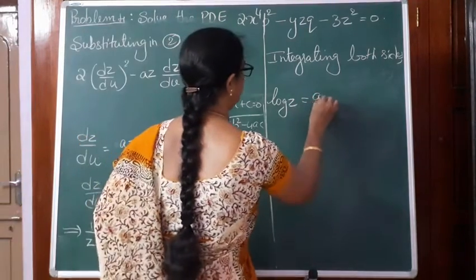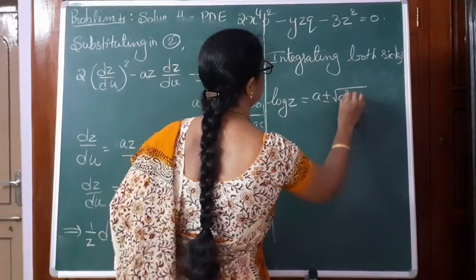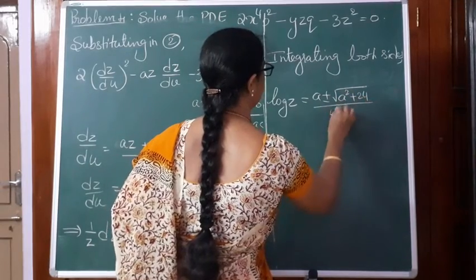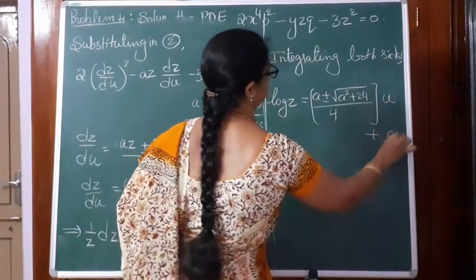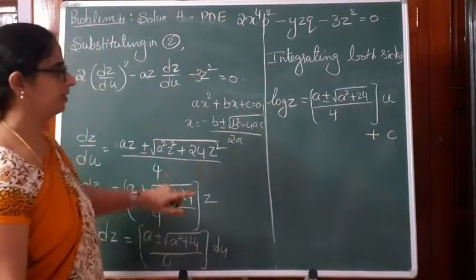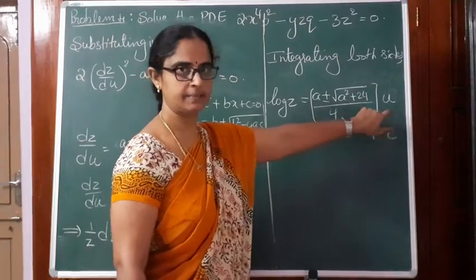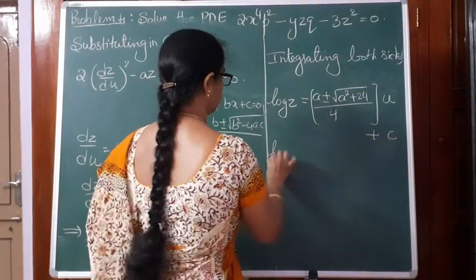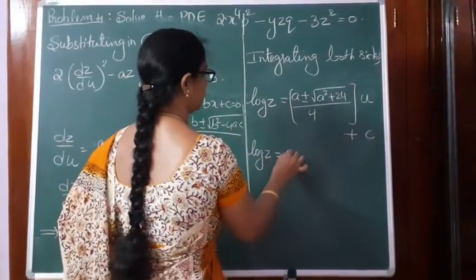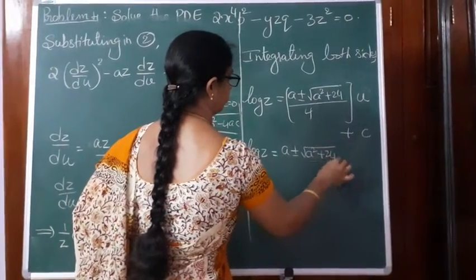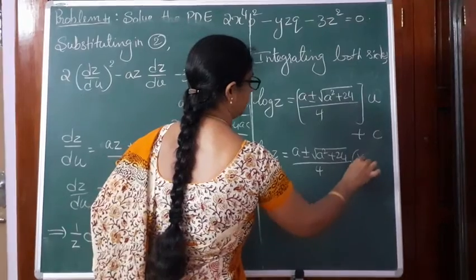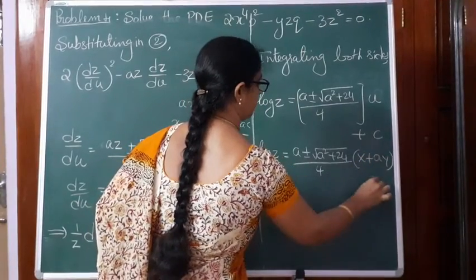So we have a plus or minus root over a square plus 24 by 4, which is constant, times integral of du, which is u, plus integration constant c. Now we put u is equal to capital X plus a into capital Y, so that we get log z is equal to a plus or minus root over a square plus 24 by 4 into capital X plus a into capital Y plus c.